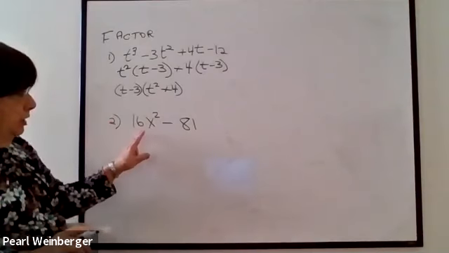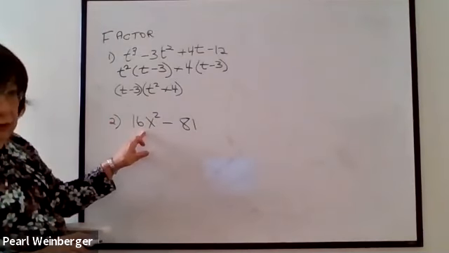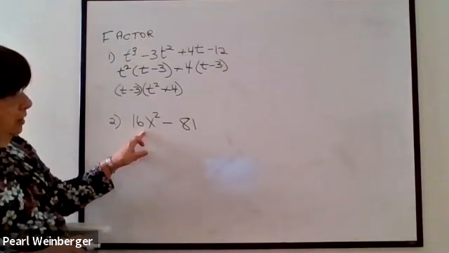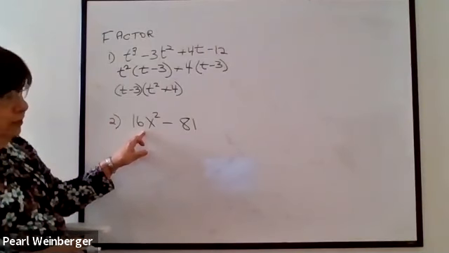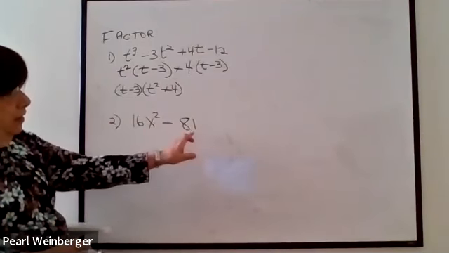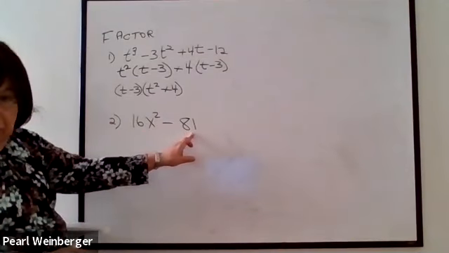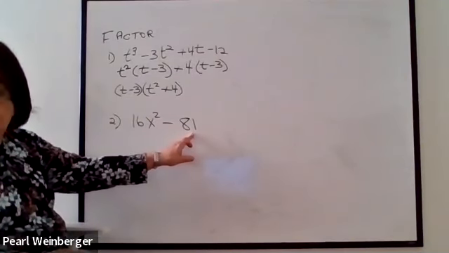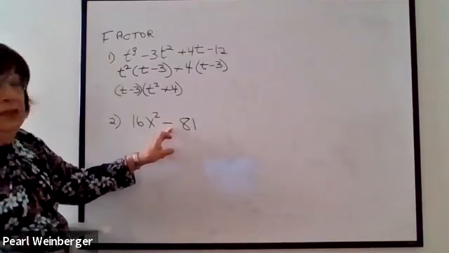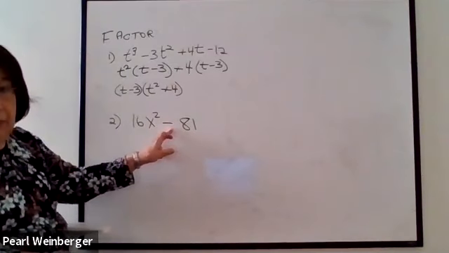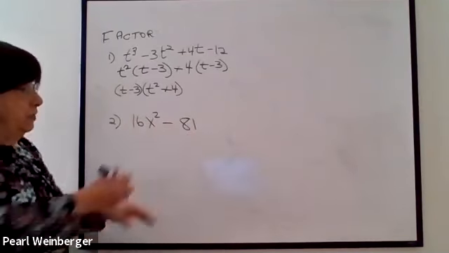So I have to look, is the first term a perfect square? And it is. 16x squared is 4x times 4x. Is the second term a perfect square? 81 is 9 times 9. And is there a minus in between them? That makes it the difference of squares.